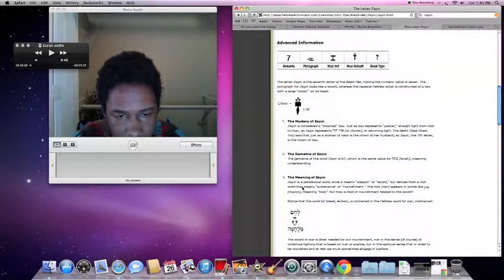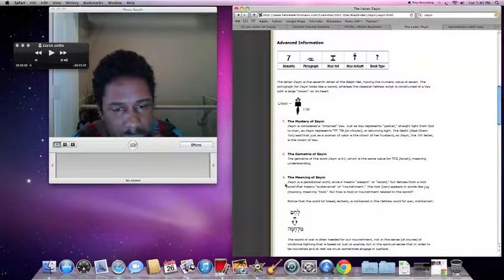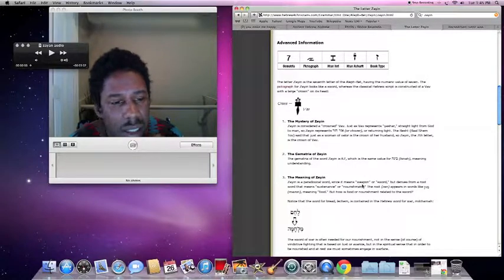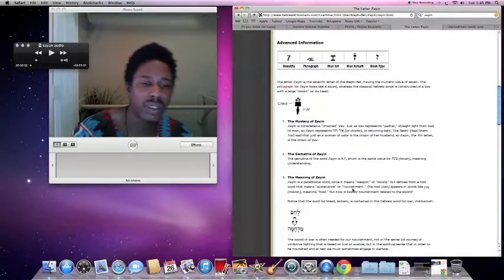All right. So the meaning of Zayin is, like I said, a paradoxical word, since it means weapon or sword, but derives from a root word that means substance or nourishment. You know, sow good seed, because that's what you use the plow for, is to sow.